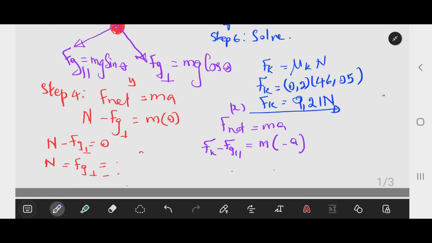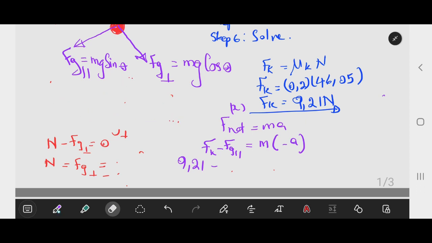If we look at Fk we have already calculated, which is 9.21. And then what about Fg parallel, right? Fg parallel is equal to mg sine theta, okay? So let us calculate Fg parallel up there. Then there would be m, which is 5, g, which is 9.8, and then sine 20, okay?